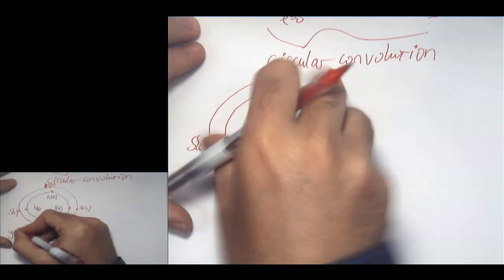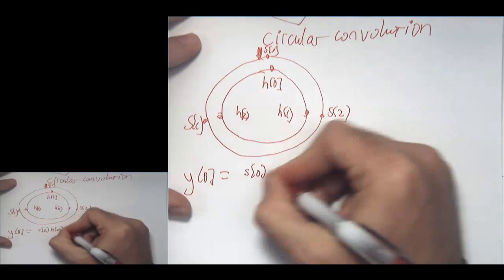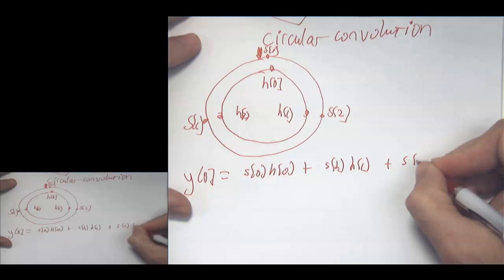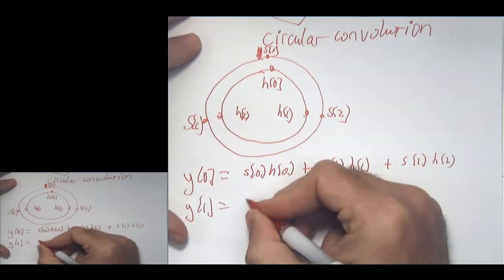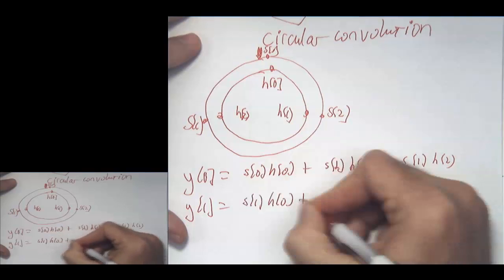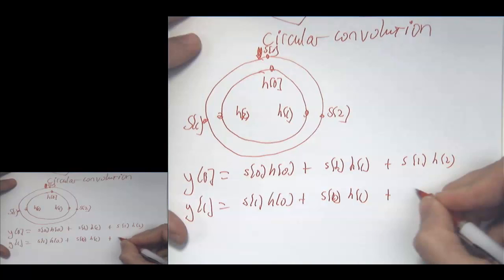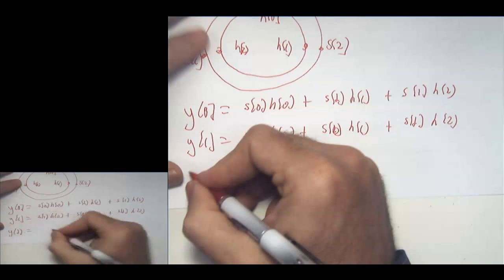Then you get y0 equals S0 H0 plus S2 H1 plus S1 H2, y1 equals S1 H0 plus S0 H1 plus S2 H2, if I did this correctly, and I may be doing it completely wrong.